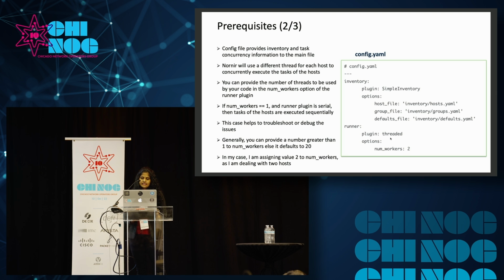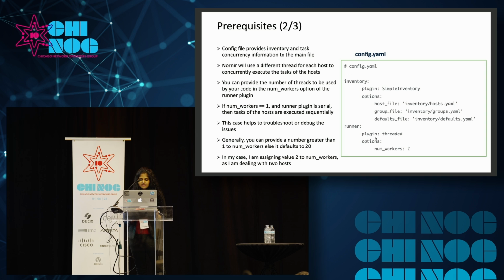Or if you assign it as serial, then it is going to execute the tasks in a serialized manner. The main idea of Nornir is to use that multi-threading feature, so we are obviously going to use threaded in the plugin.